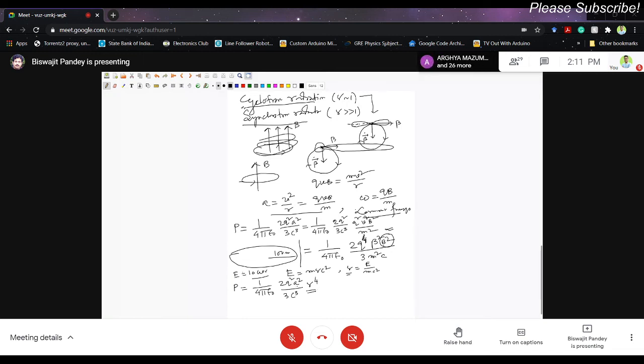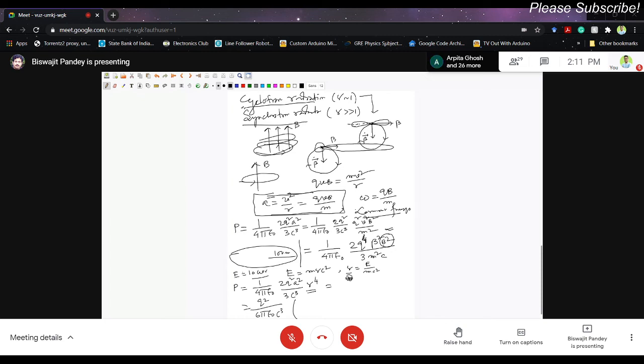Of course, there is the acceleration, so you have to combine them together, because a is given by q v B by m. This is the acceleration, q v B by m. But right now this is relativistic, so you have to put in the relativistic mass, not this one, right? So what should I write here? I should write P equal to q square by 6 pi epsilon 0 c, and I am writing a square.